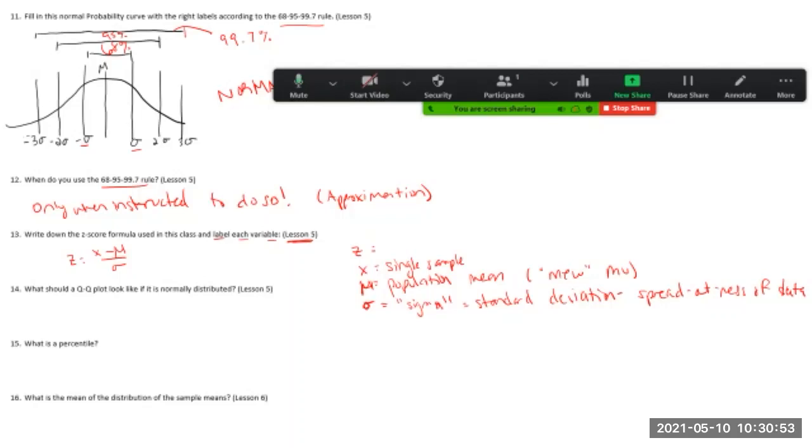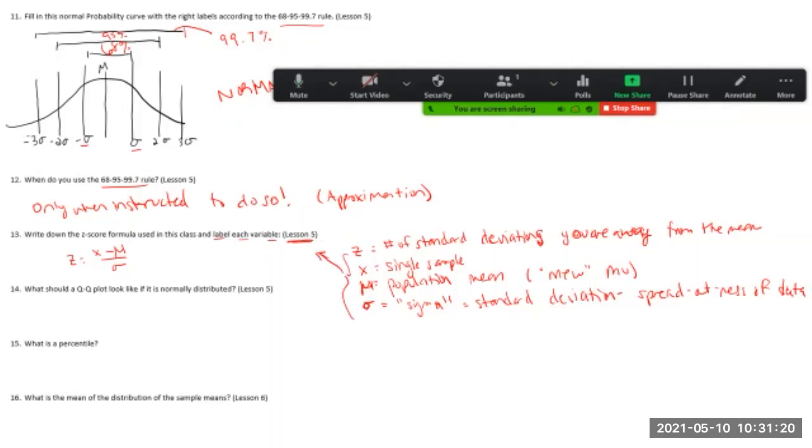And then a z-score represents the number of standard deviations you are away from the mean. Awesome. All of these go to number 13.